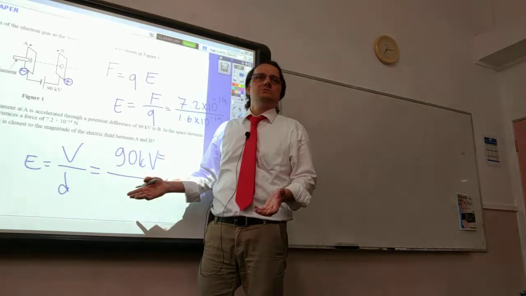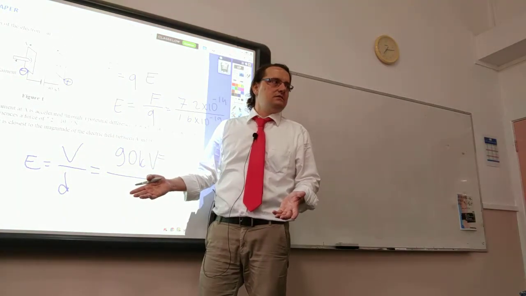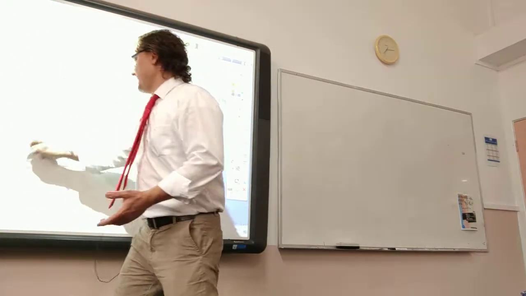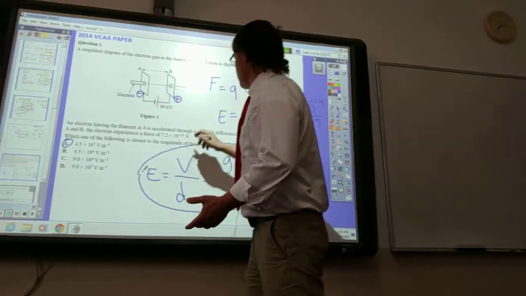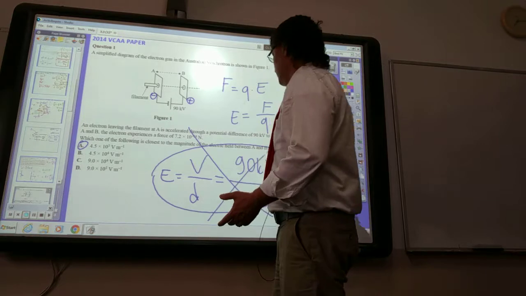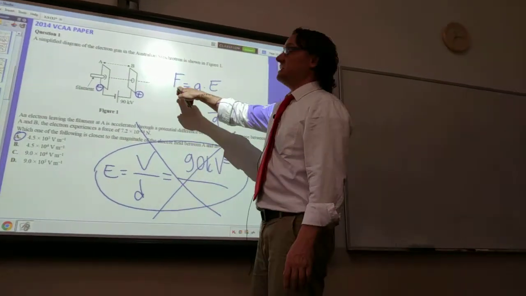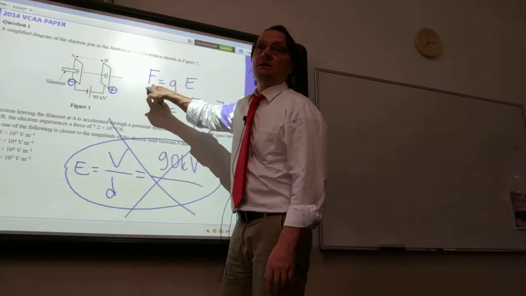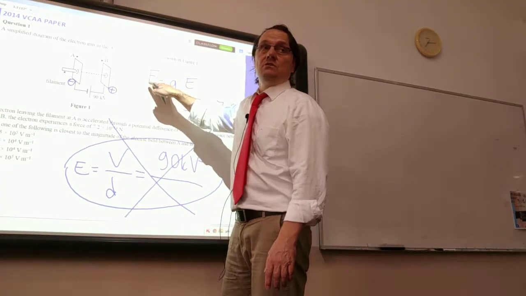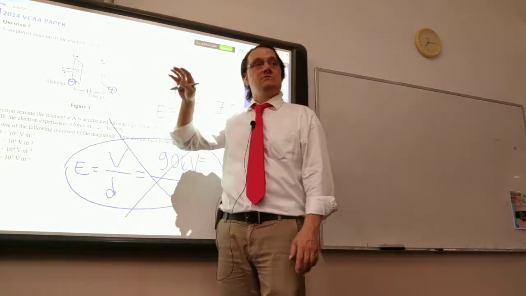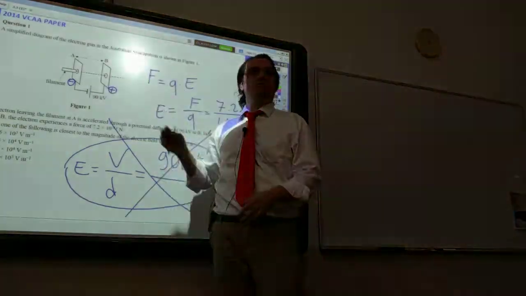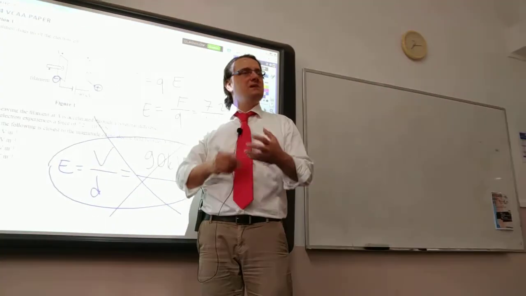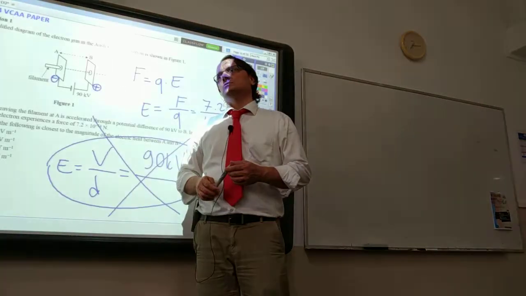What are you going to do? You're stuck. So this is not useful for this setup. But this one is, because force is provided and charge you already know. So you need to have a grasp of all the formulas so that you can manipulate them to fit the question.